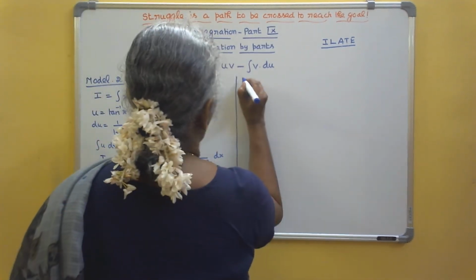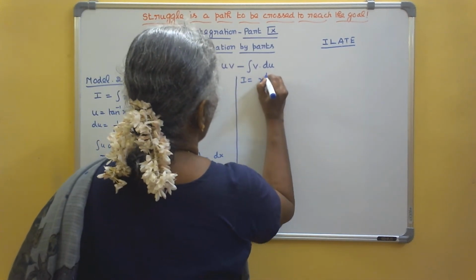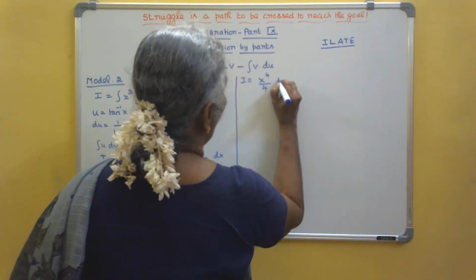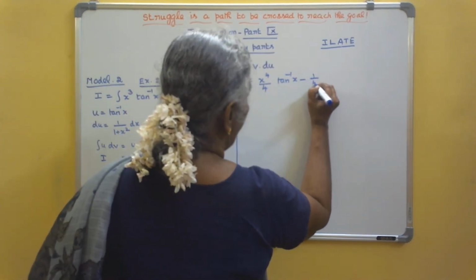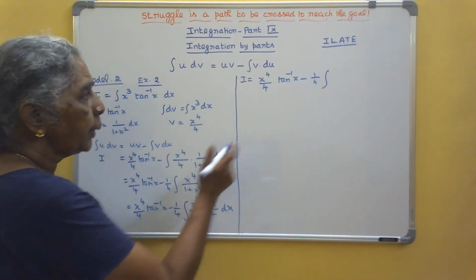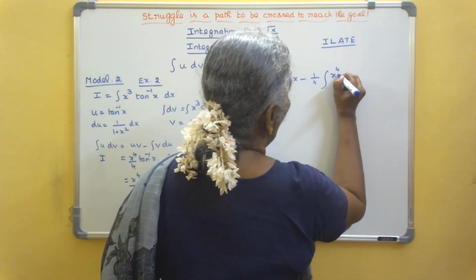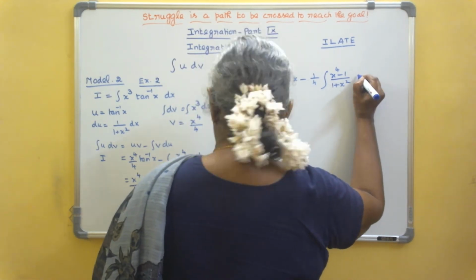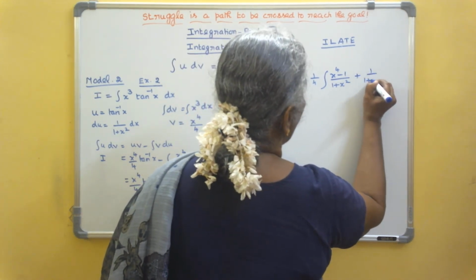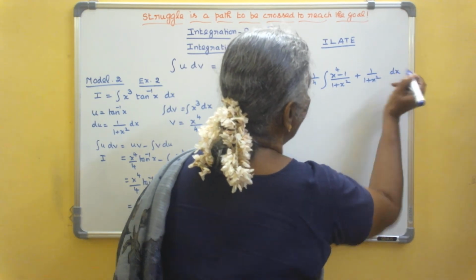So now my I is equal to x power 4 by 4 tan inverse x minus 1 by 4. Now I am going to group x power 4 minus 1 by 1 plus x squared, and I am going to write 1 by 1 plus x squared dx.